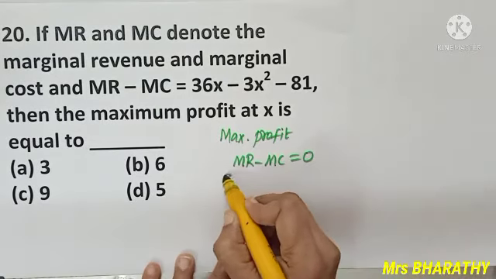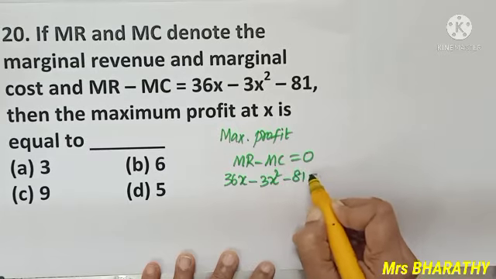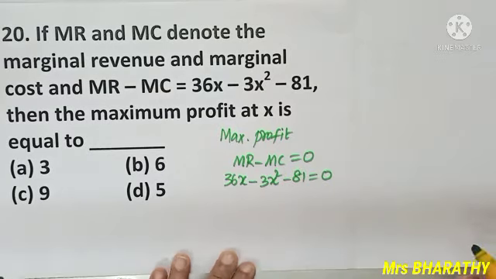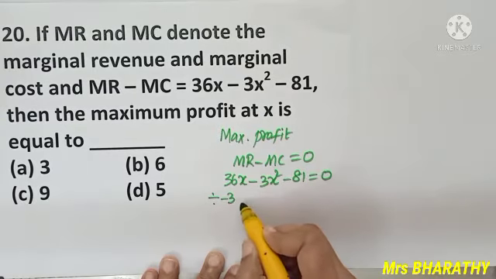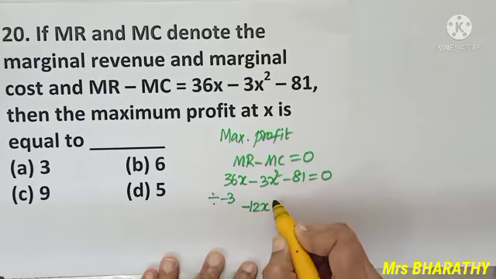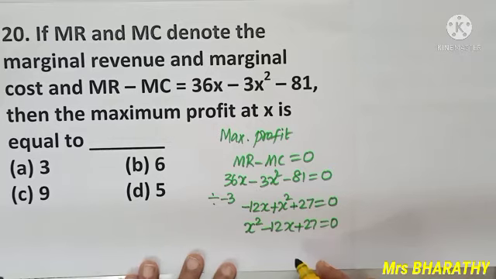That is 36x minus 3x square minus 81 equal to 0. Dividing by minus 3, I get minus 12x plus x square plus 27 equal to 0. Or as I rewrite, x square minus 12x plus 27 equal to 0.